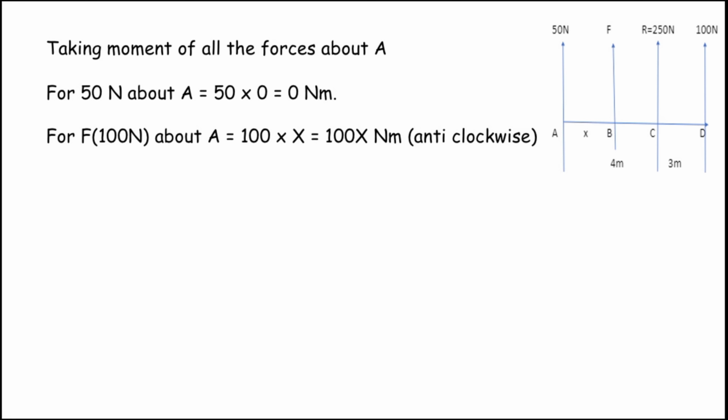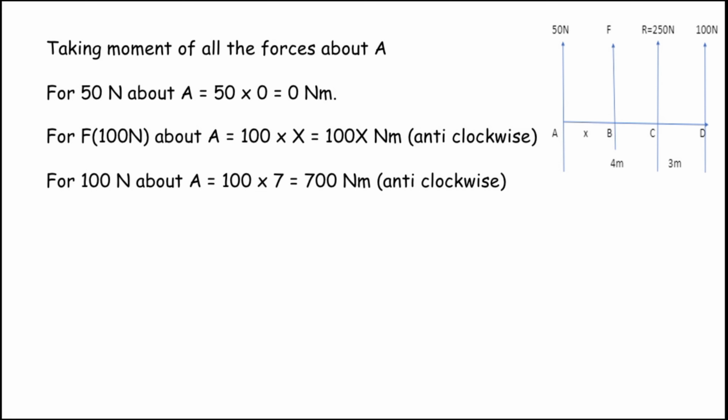It is an anti-clockwise moment. The 100 Newton force at D about A is 100 into 7. The 7 comes from the distance between A and D: 4 plus 3 is 7. So, 100 into 7 is 700 Newton meter. It is also an anti-clockwise moment.